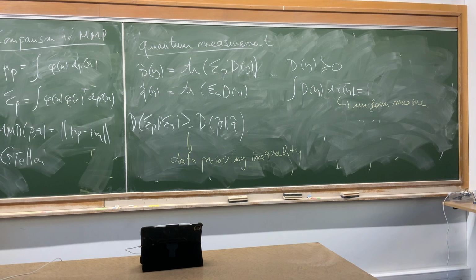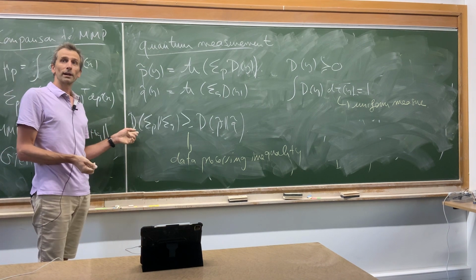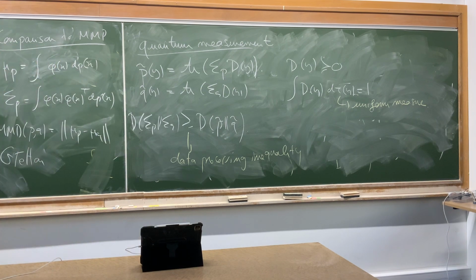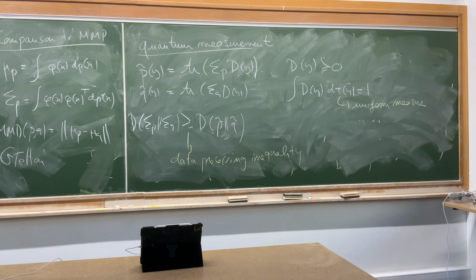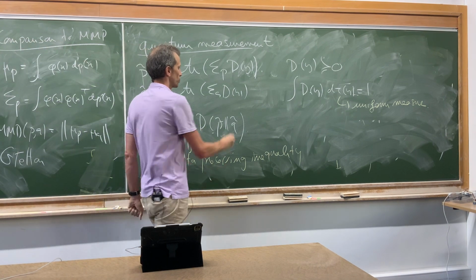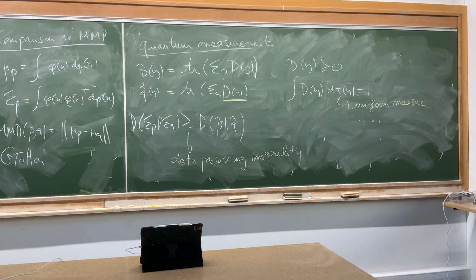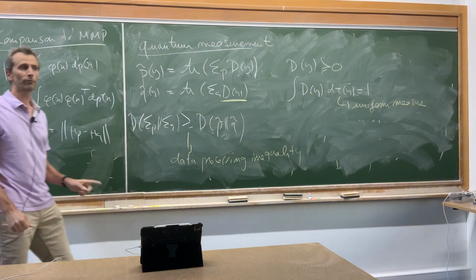The fun part is that I took my undergrad book from quantum mechanics from Polytechnic, and this was in it. So you should always remember your undergrad classes, even if it's long ago. Now the question is how to choose d of y. I will not describe it, but you can choose d of y so that p tilde and q tilde are just smooth versions of p and q.